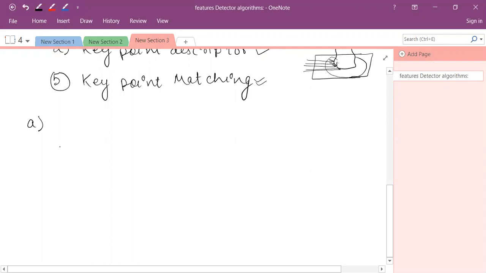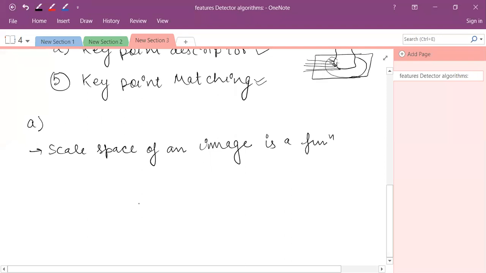So the scale space of an image, I'm writing this, can be understood as a function, and this function is represented by L. X, Y are the coordinates of the pixel, and this is the Gaussian blur filter.